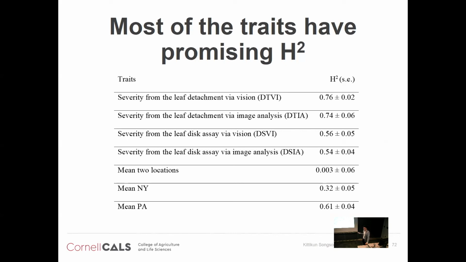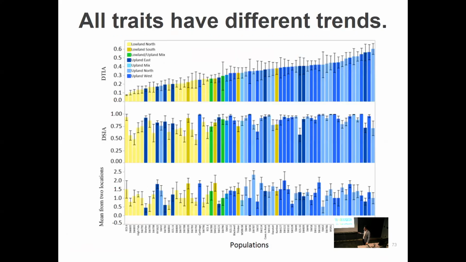So even though I have high heritability from each evaluation approach, when I rank by the result from the detached leaf image analysis, you see there's still no trend with this leaf, and no trend with the mean of the two locations.